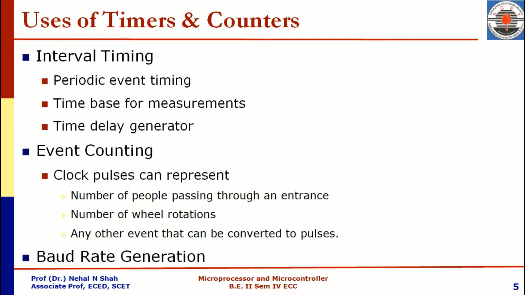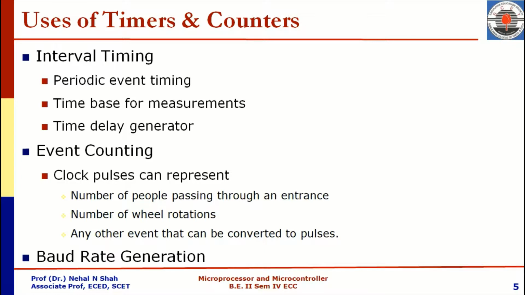IR sensors are capable of generating a pulse when some obstacle is there. So if human beings pass through that door, the IR sensor can generate a pulse. If these pulses can be counted, it is possible to count the number of people entering through that door.